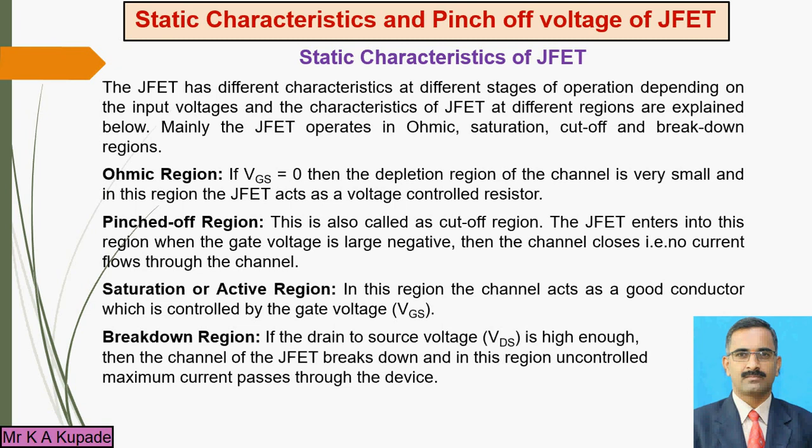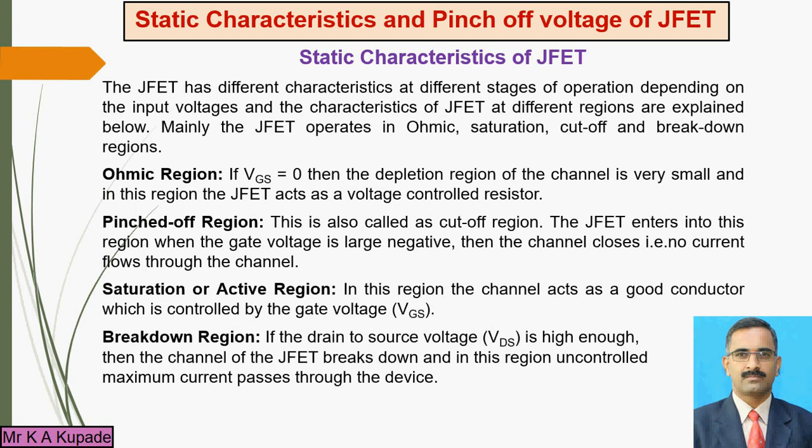The depletion regions close the channel at that position, and that voltage is called VP, the pinch off voltage. After the pinch off voltage, the region you get is called the saturation region, also called the active region, which happens due to the gate voltage.